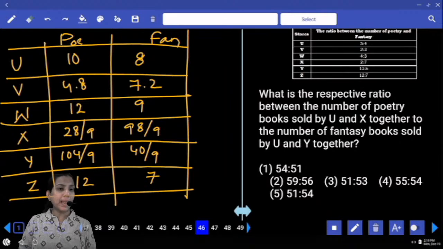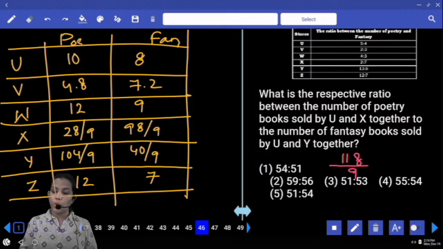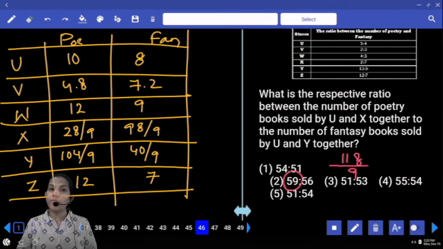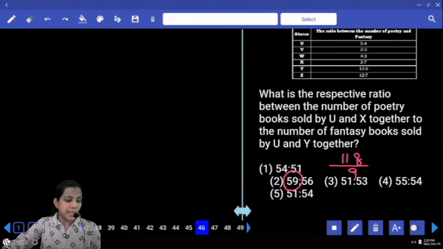Just 10. 90 by 9 plus 28 by 9 means 118 by 9. This is the value. 118 is definitely not a multiple of 54. It is clearly a multiple of 59. There is only one option. The antecedent must be 59. We have only one option. That is the answer. 118 must have factors compulsorily.